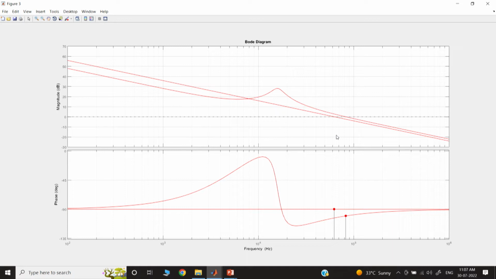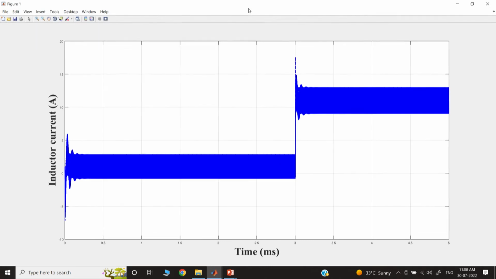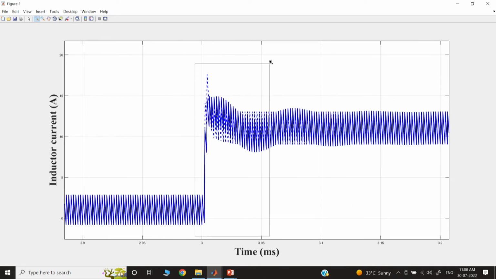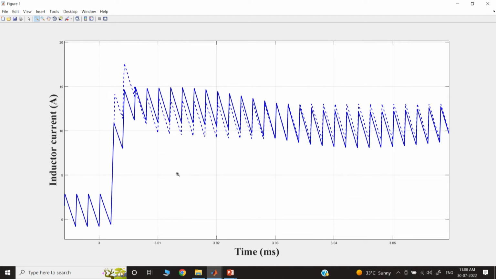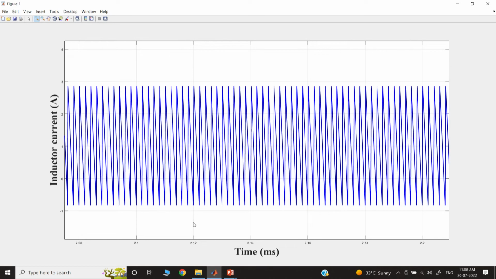In the second method, we are achieving a little higher crossover frequency, but here it shows the phase margin is around 80 degree, whereas with the stable pole zero cancellation it was 90 degree, and the crossover frequency is a little less. But if you see the transient response in both the cases, the dash line is coming from the alternative design method, and under steady state they must be identical, that we know.